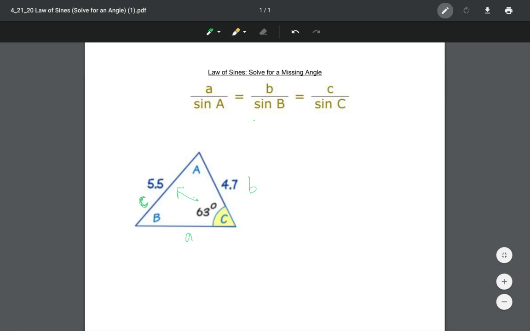Okay, so let's say that we want to solve for our angle B. That's our question mark down here.